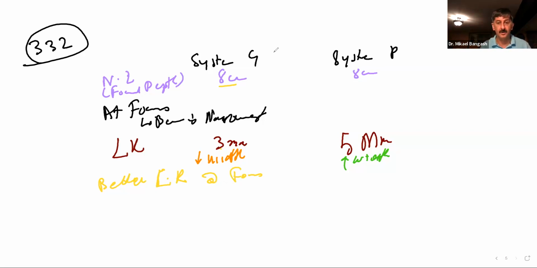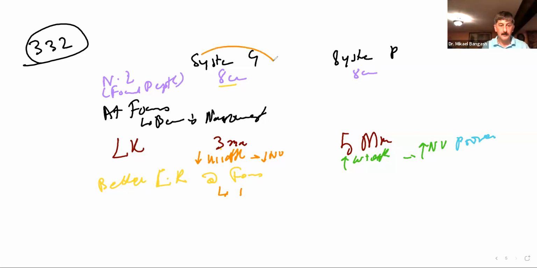This lower width means a lower numerical value. This greater width means a greater numerical value. And what we said was the greater the numerical value, the poorer the resolution. The lower numerical value, meaning the lower width, is the one with the best lateral resolution.